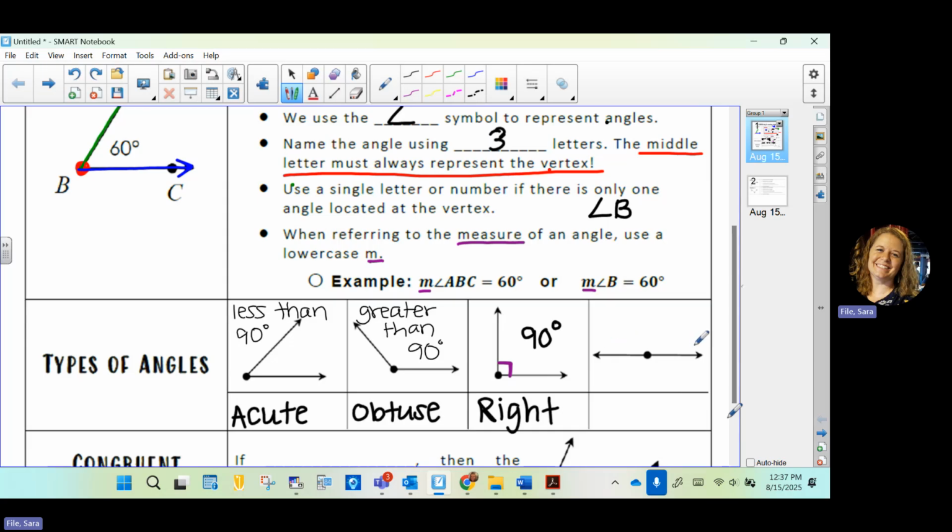So how many degrees is that if it's two 90-degree angles put together? 180. It's a line. A line is 180 degrees. So put the degree there. Okay, the name of this is exactly what it looks like. It's straight. There's no turn. There's no curve. It's a straight angle. It's 180 degrees.